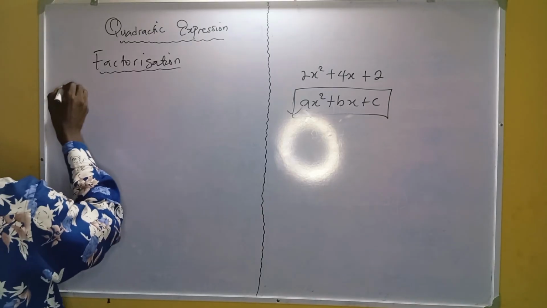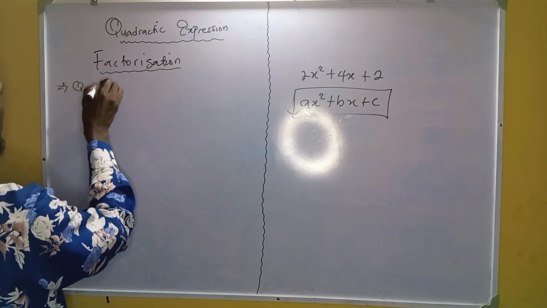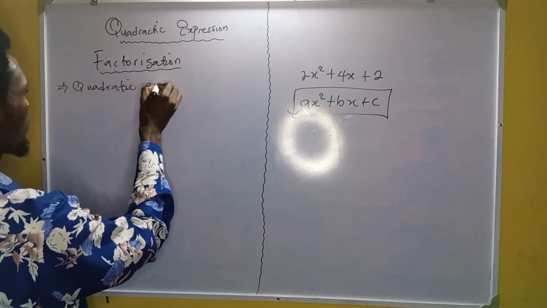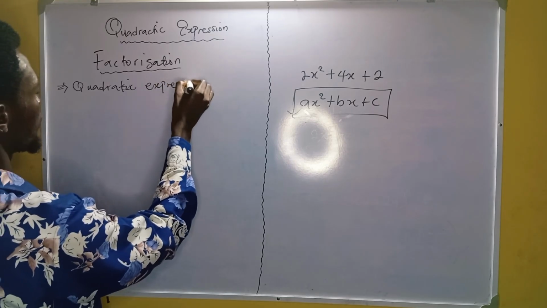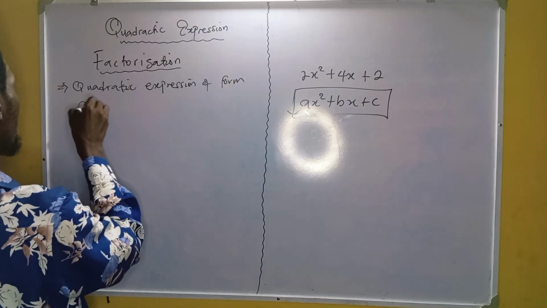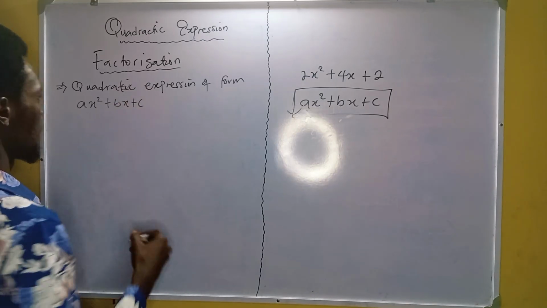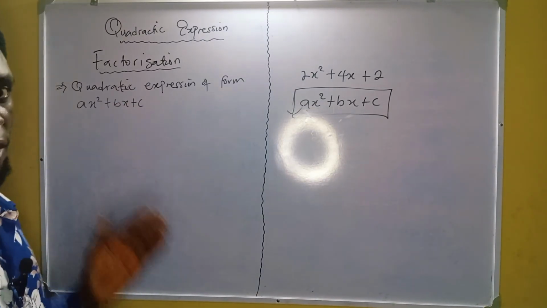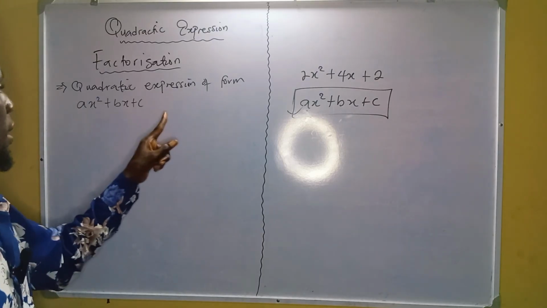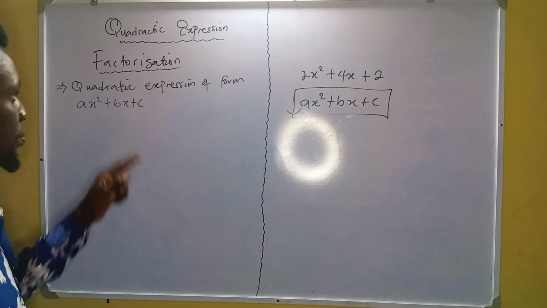We are going to take the quadratic expression that will actually come in this form. For every quadratic expression, let's say a quadratic expression of the form ax squared plus bx plus c. All right. To factorize this, we will have to understand some properties of any quadratic expression of this form.